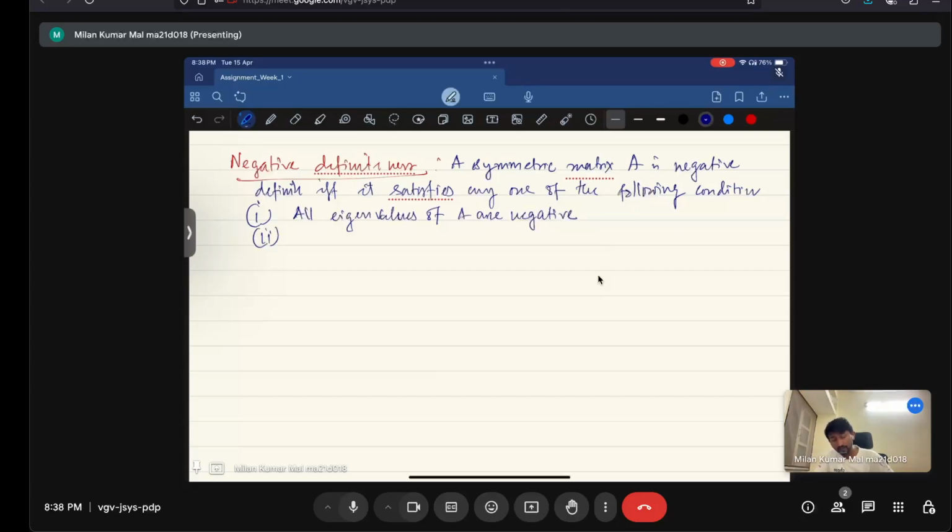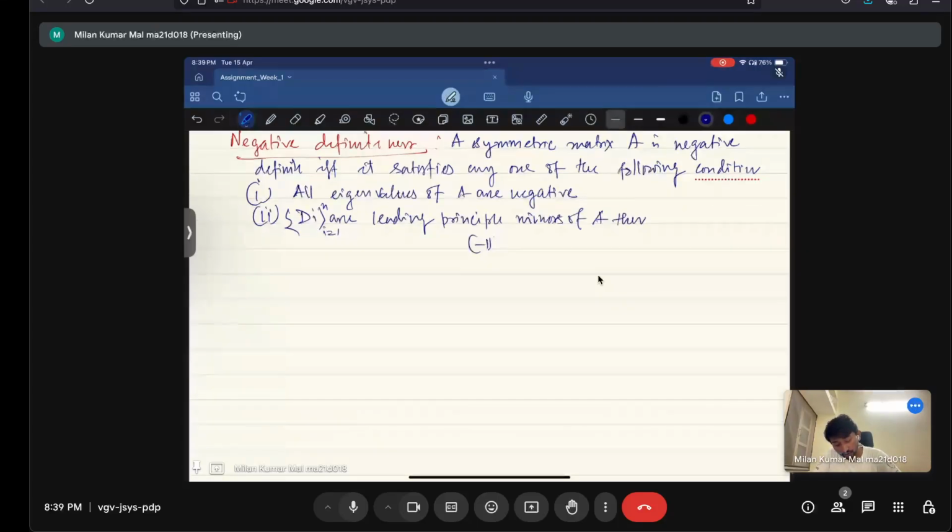Second, if Di are the leading principal minors of A, then minus 1 whole to the power i Di is positive. Then we say this is negative definite.